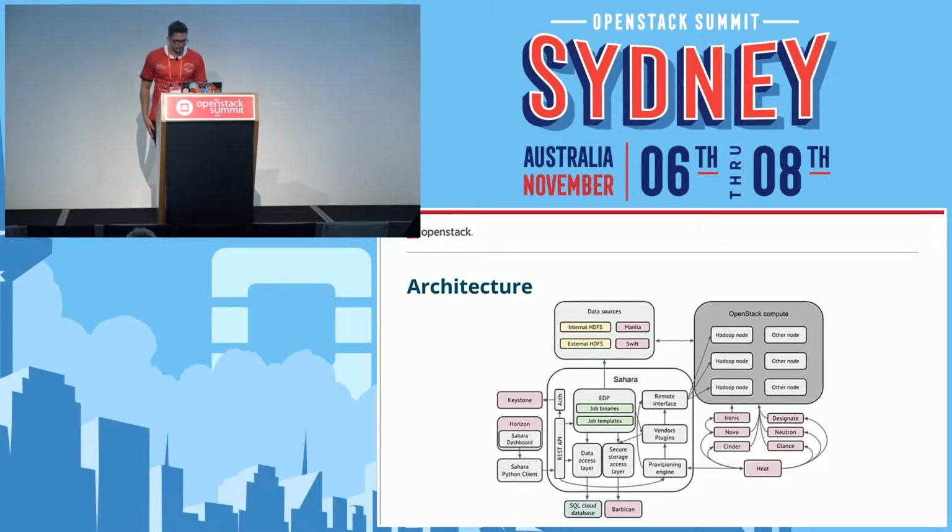Just a quick overview here on the image. You can see Keystone on authentication. Inside Sahara, we have a REST API. We have a CLI as well that can be used. When Sahara gets the request from the user, it goes to a provisioning engine that's going to create the instances.